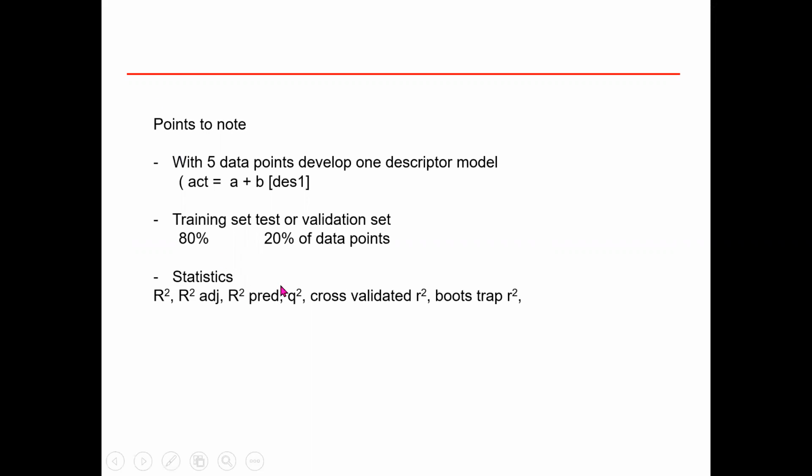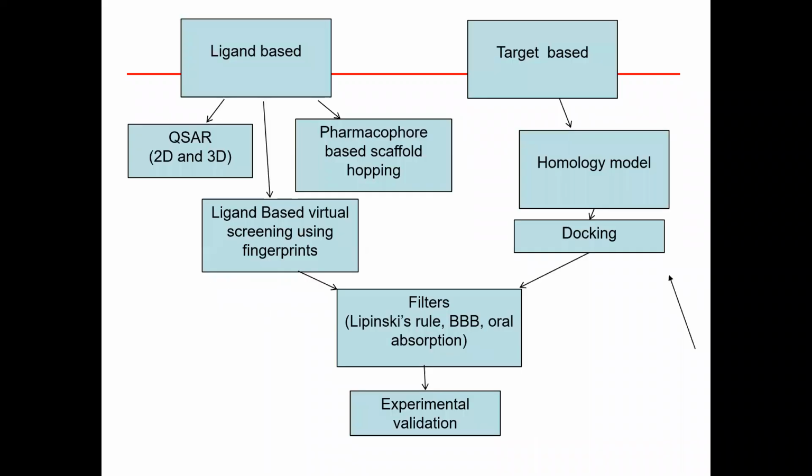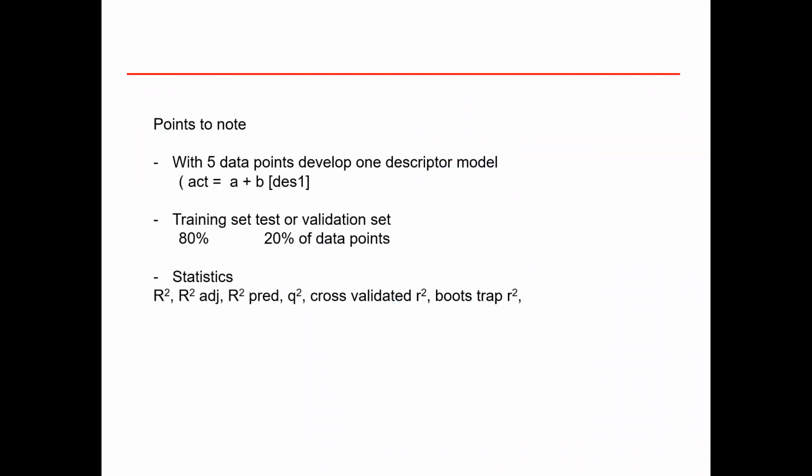So this is the entire workflow for your QSAR type of model, right? No doubts? So please, you have to learn some of the statistics if you want to see how good your model prediction is. Actually, you can always click buttons and get some QSAR, but that is not correct. You have to see the fitting. You have to see the predictive capability. You have to see the significance.